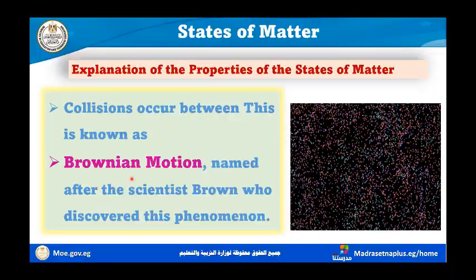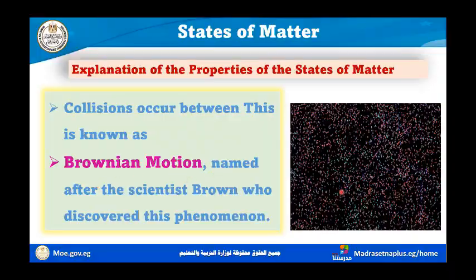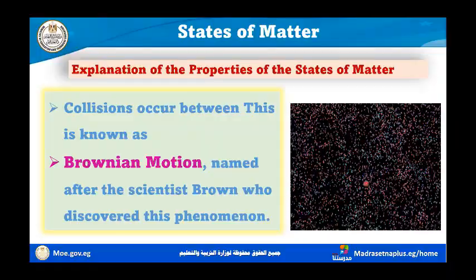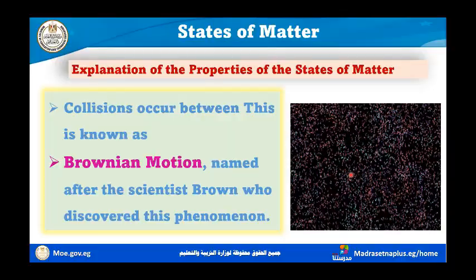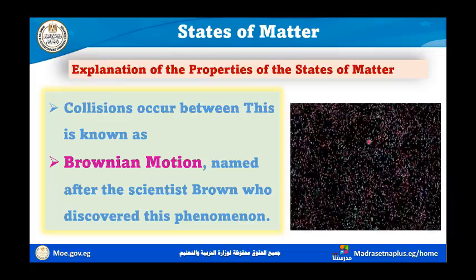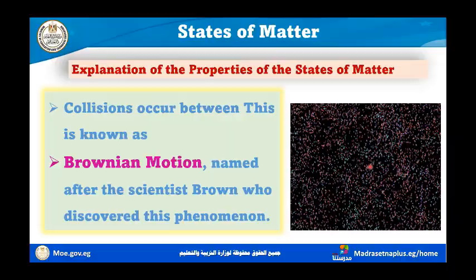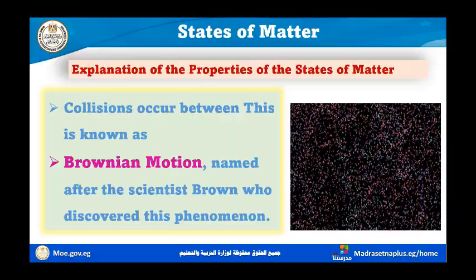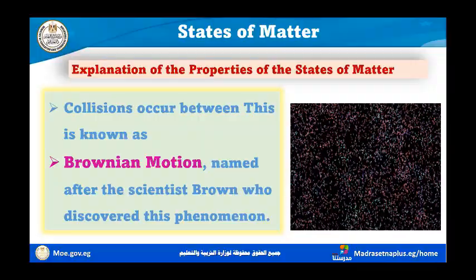So this is the Brownian motion phenomenon, and that is what will happen when dust exists in the air. The collision between the particles of dust and the air particles makes the dust move in all directions in straight lines, and this is called the Brownian motion phenomenon. So remember this name in our lesson today.